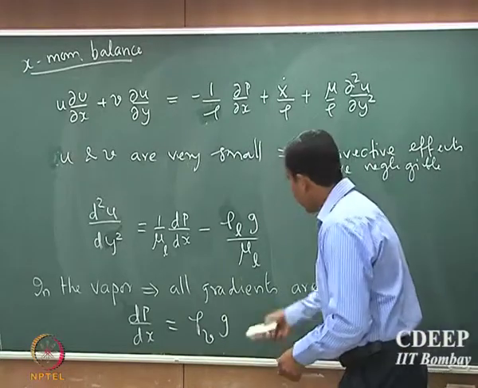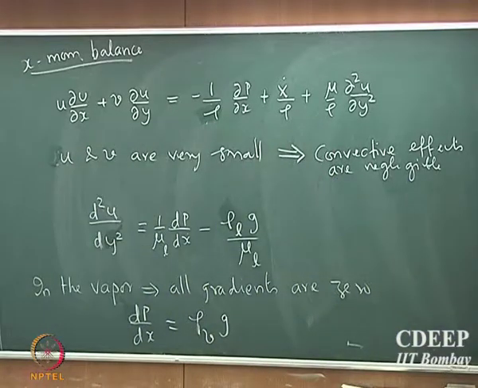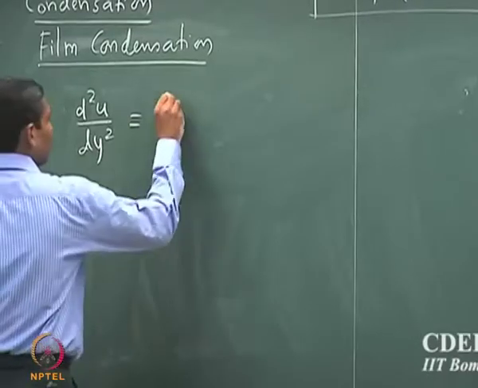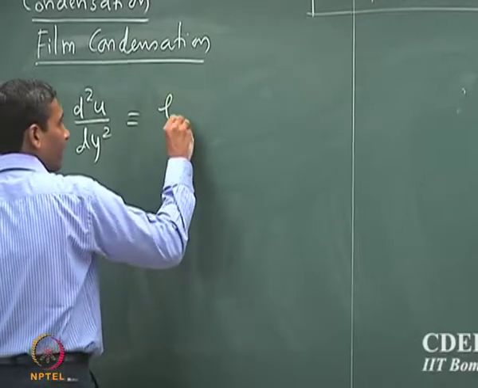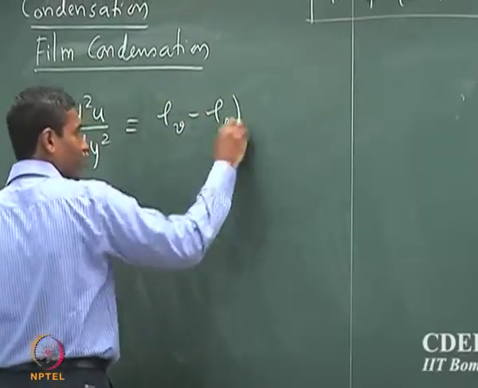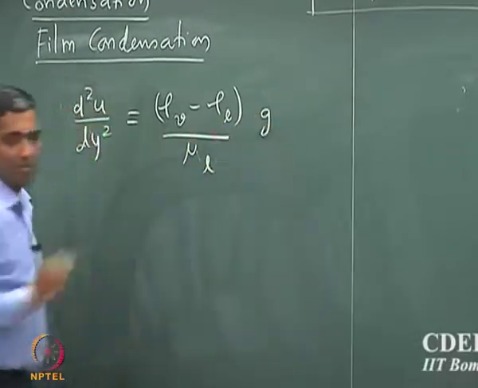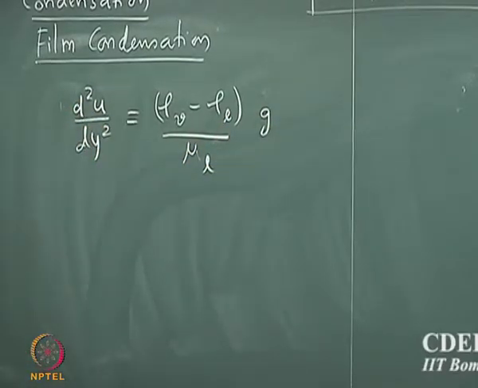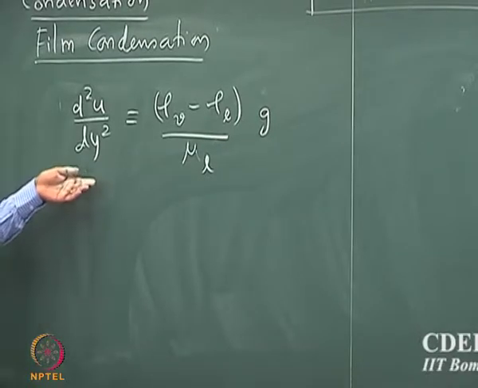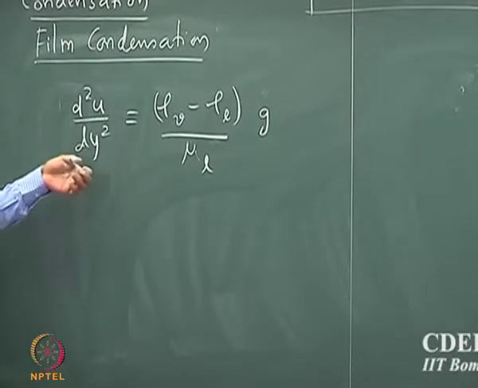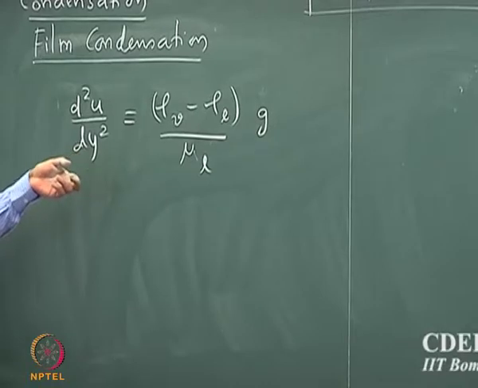So now if I plug in that quantity, you have d squared u by dy squared equal to (rho vapor minus rho liquid) divided by mu liquid into gravity. That provides a mechanism to find the x component velocity profile inside the boundary layer.